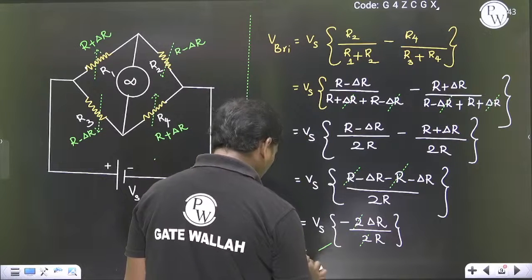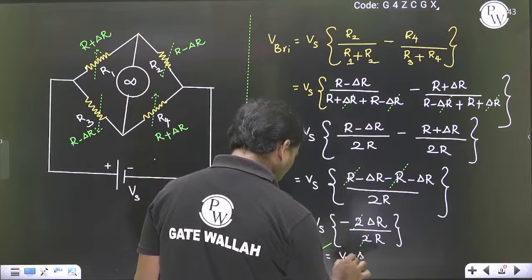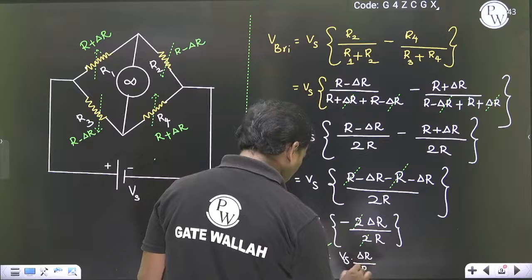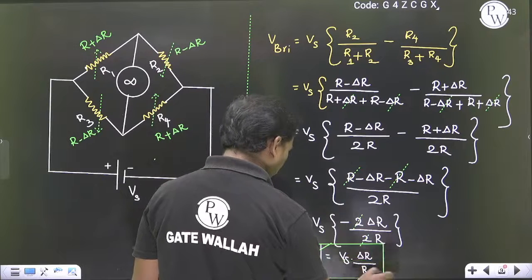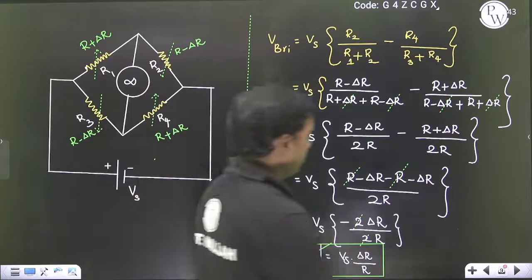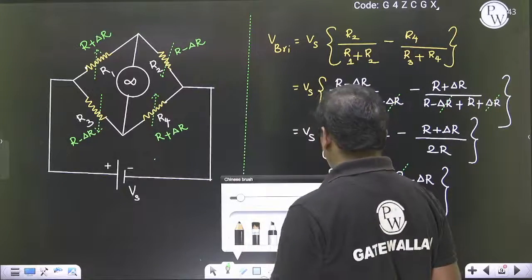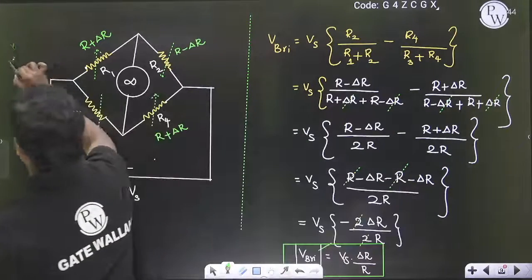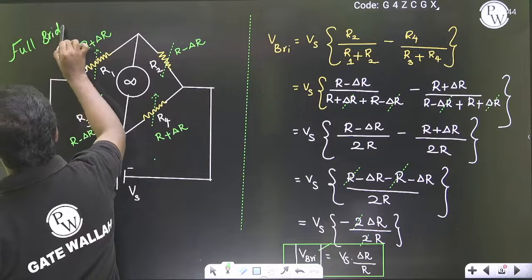So the V bridge will be equal to Vs into delta R by R. So this is what we call a full bridge.